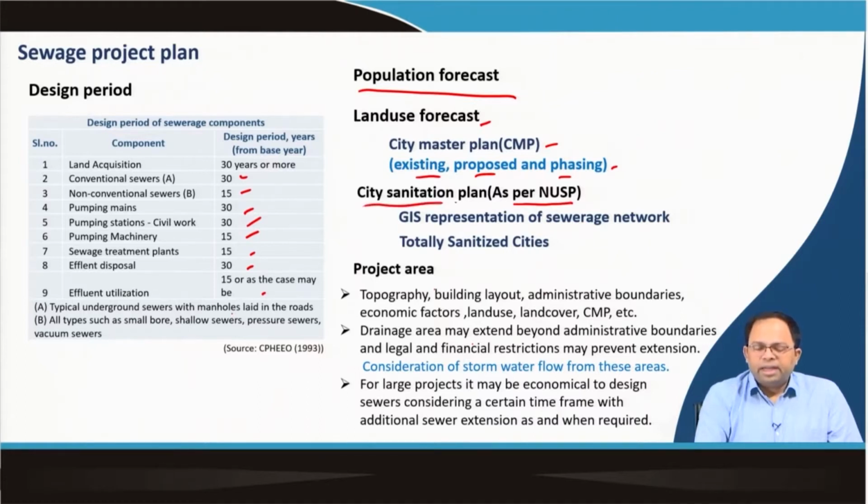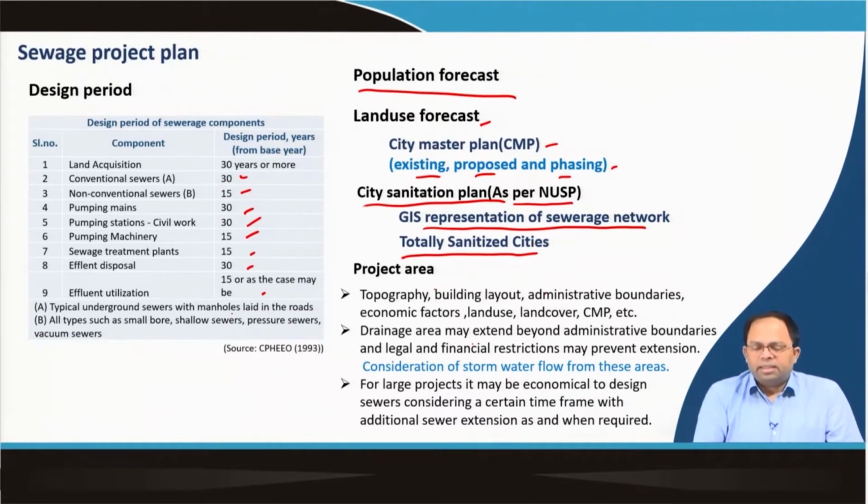We have to create a city sanitation plan, and we need to create a GIS representation of the entire sewerage network, so that it helps not only in designing or augmentation of the existing network, but it also helps other utility providers and other service providers. Then of course we have to go for totally sanitized cities.